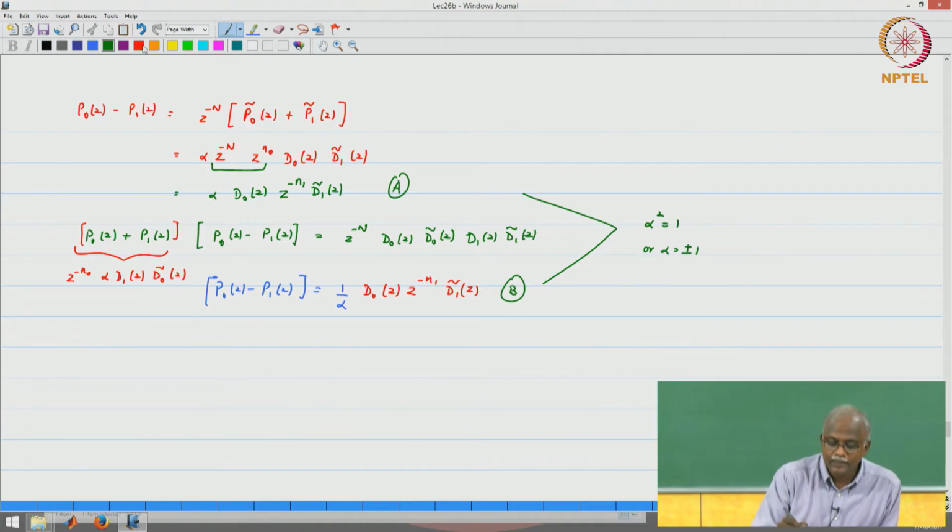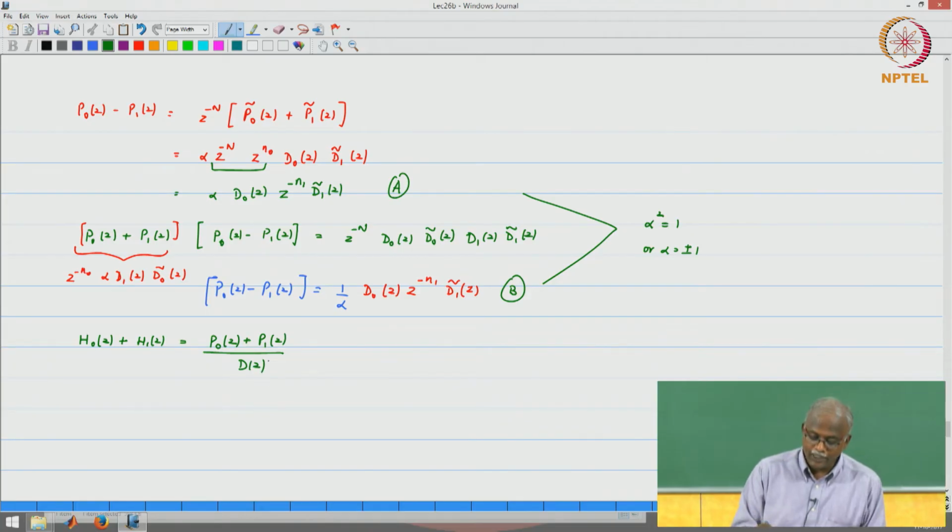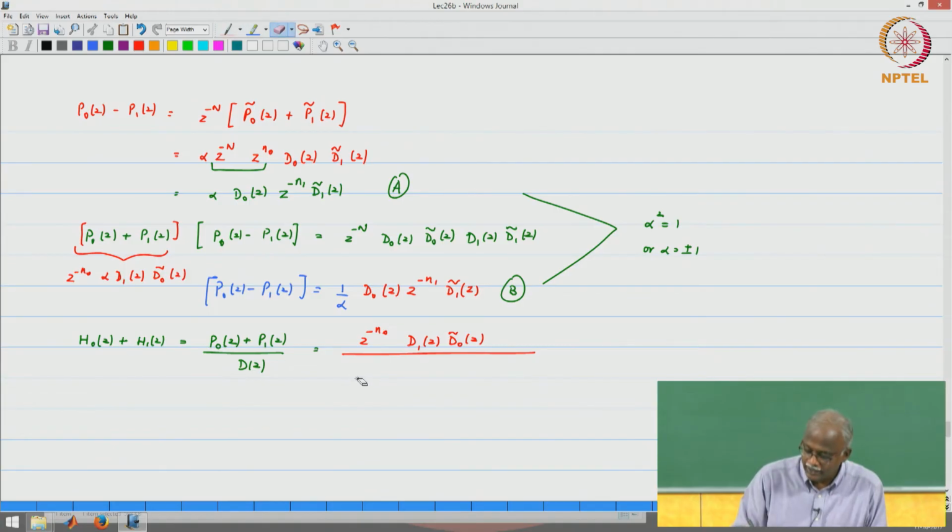Okay. So, here is the crucial step, combine the results that we have so far. h naught of z plus h1 of z is given by p naught of z plus p1 of z divided by d of z. So, p naught of z plus p1 of z, we already have an expression for that, it is z power minus n naught, I am going to take alpha equal to plus 1, d1 of z d naught tilde of z, and the denominator is d of z.